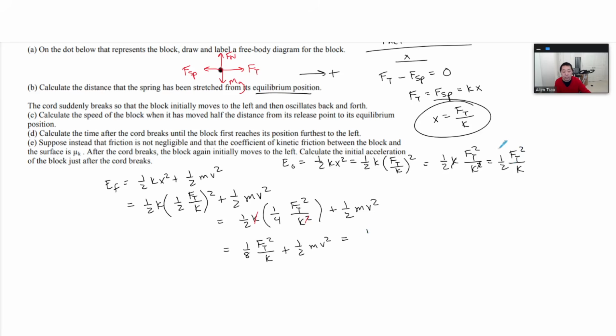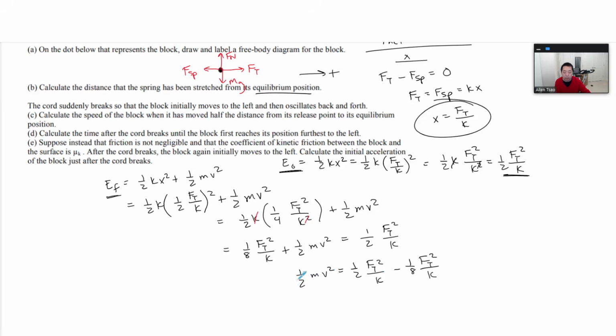And then finally, we're going to say the energy is conserved. 1/2 Ft squared over k. So we're basically saying the initial energy, which we got here, is the same as the final energy that we got here. Okay? So we're going to subtract this to the other side. 1/2 mv squared equals 1/2 Ft squared over k minus 1/8 Ft squared over k.